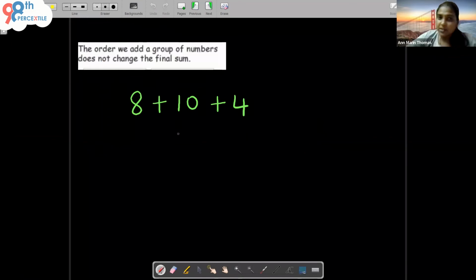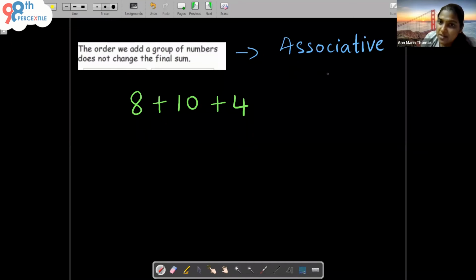This was something related to a property of addition. Can anybody identify that? Yes, it was the associative property of addition. So what does the associative property say? The order in which we add a group of numbers does not change the sum. Now I'll show you how.